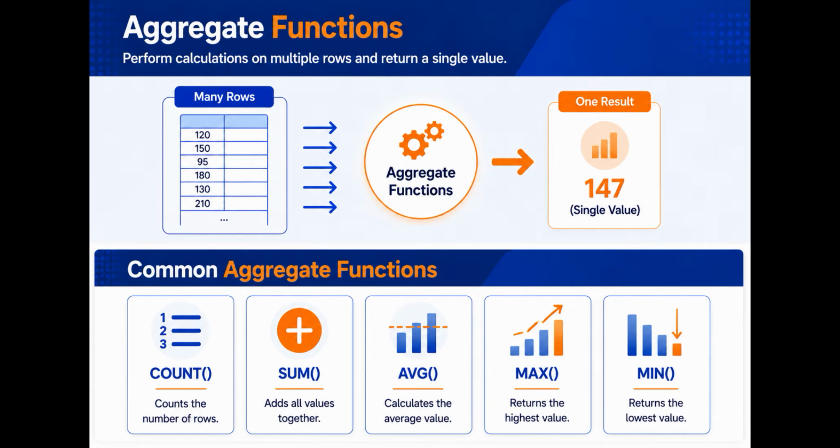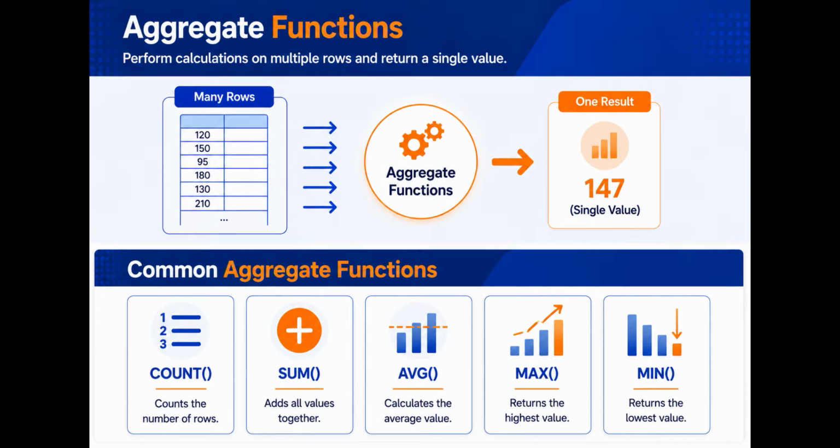And in this video, we will cover 5 of the most important and commonly used aggregate functions with the help of a few examples. The first one being count. What count does is it returns the number of rows in a particular column. Next, coming to sum. Sum calculates the total of values of a particular column.